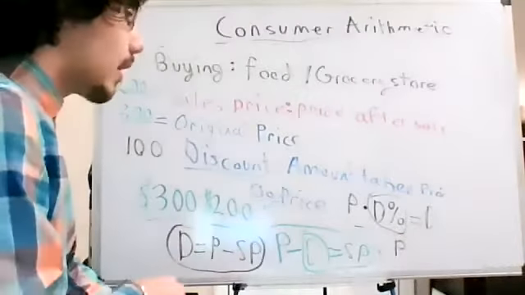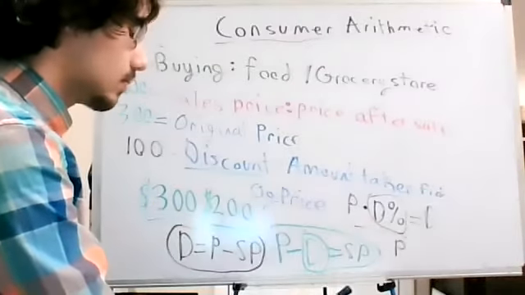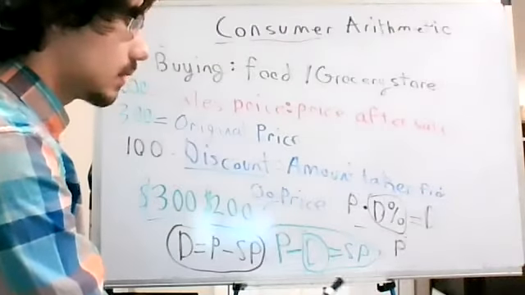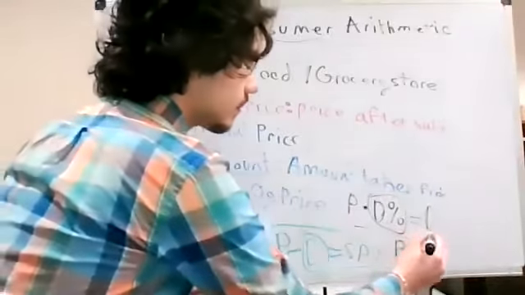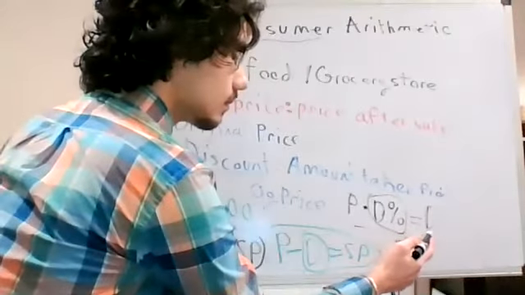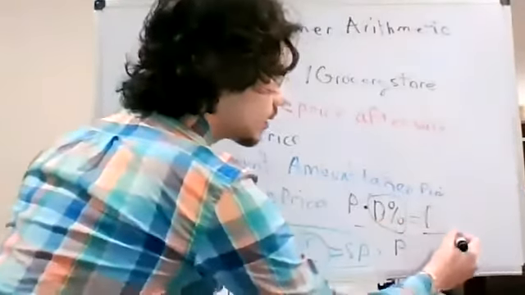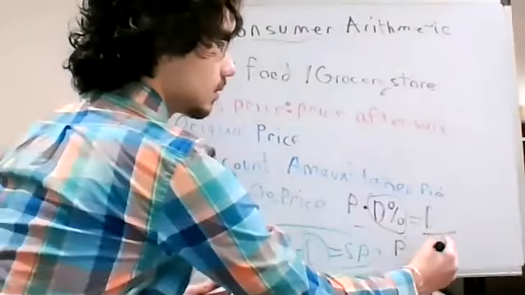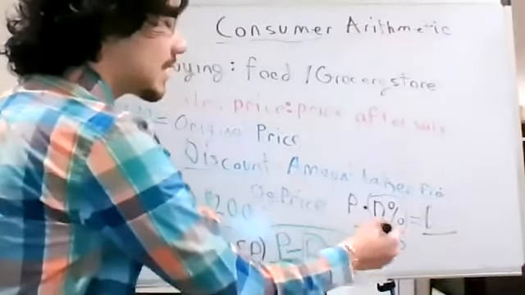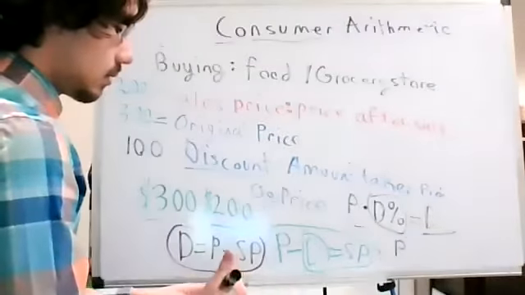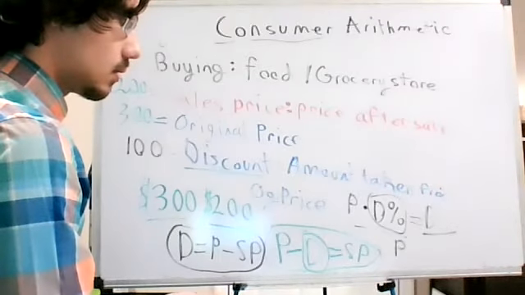What did we say before that we have to do to one side? We have to do it to the other side. Very good. So what do we do to the other side? We divide by 100. What did we divide by this side? I don't know, sir.